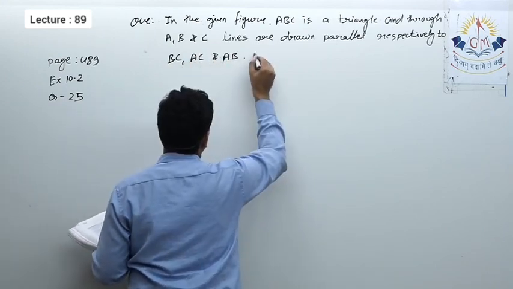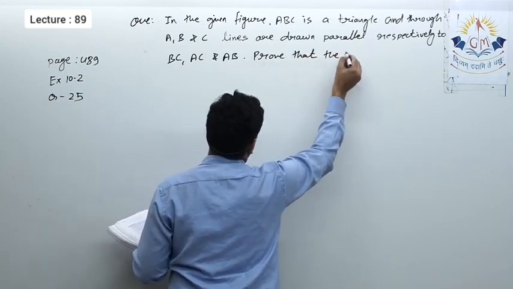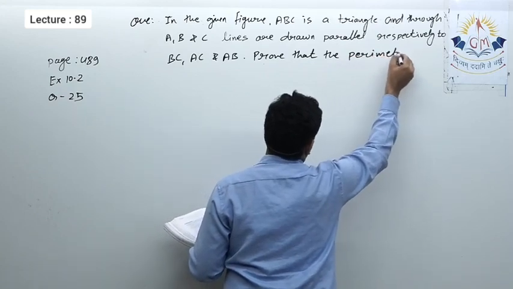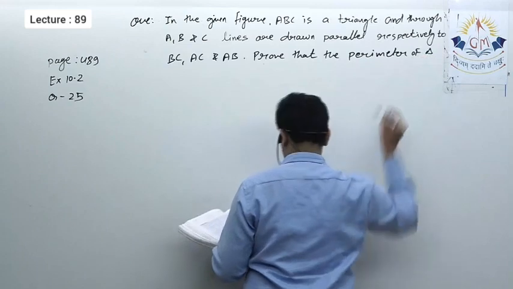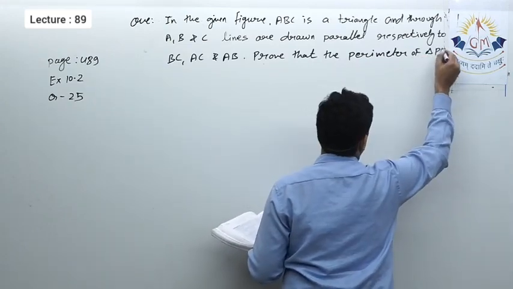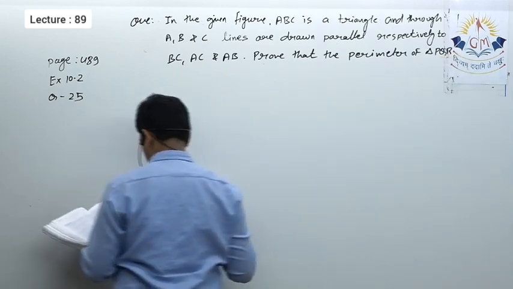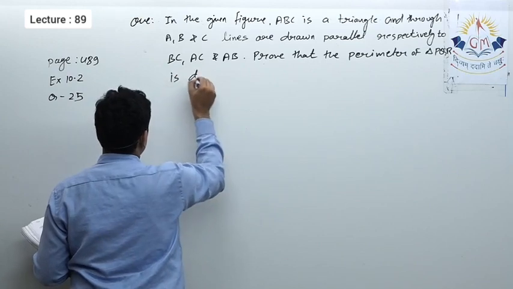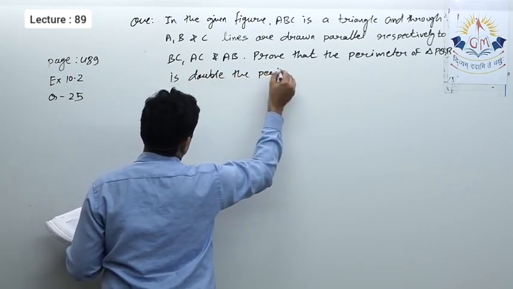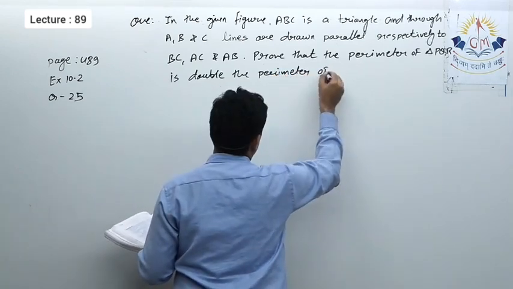Prove that the perimeter of triangle PQR is double the perimeter of triangle ABC.